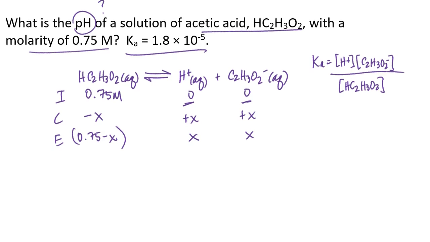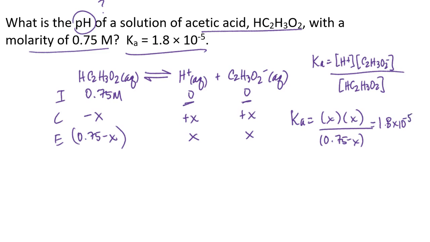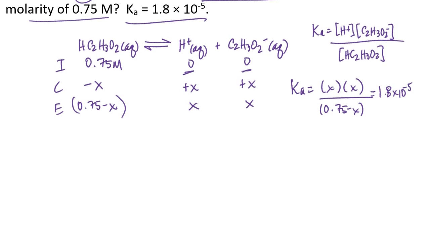So plugging that into my expression for Ka, that would be X times X over 0.75 minus X, and that should equal 1.8 times 10 to the negative fifth. Cleaning this up a little bit mathematically, that's just X squared over 0.75 minus X, which is equal to 1.8 times 10 to the negative 5.